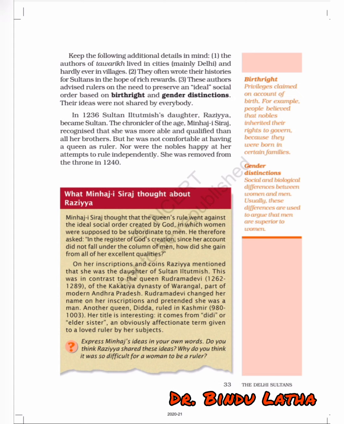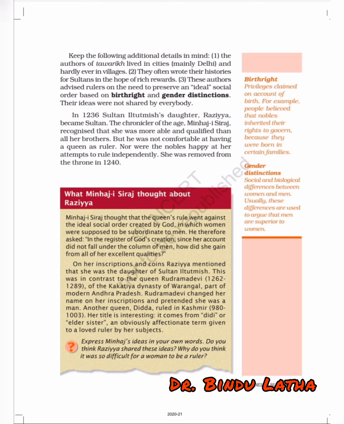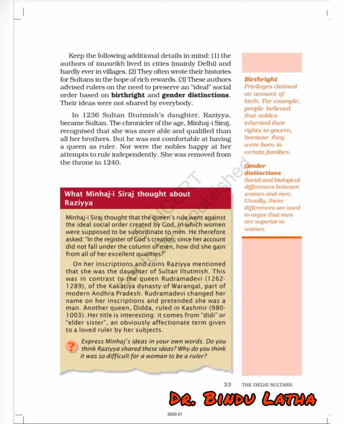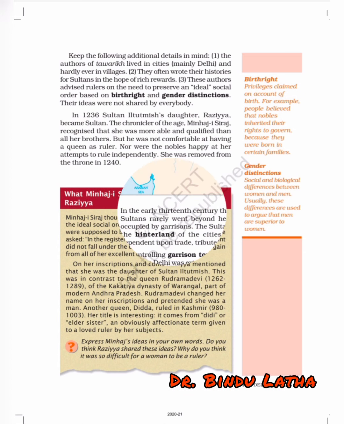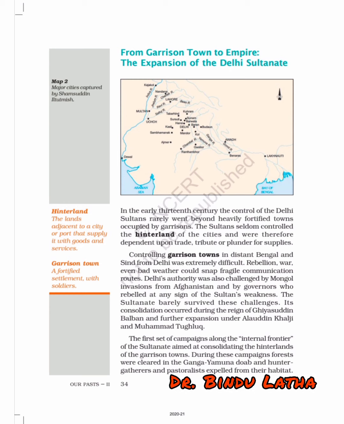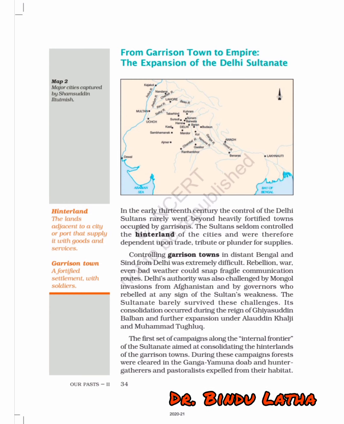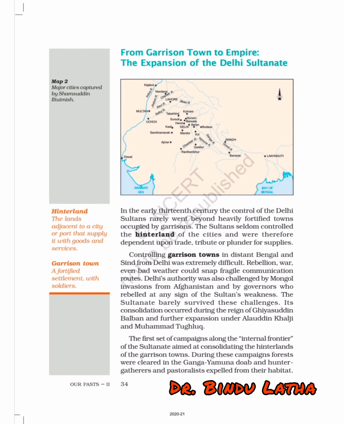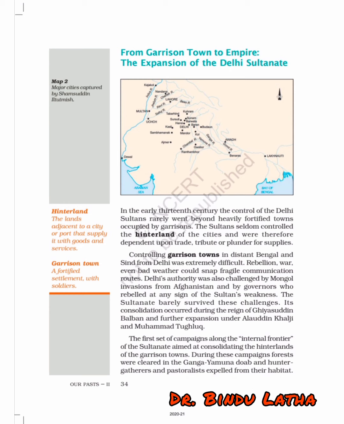During this time, the Sultans faced many challenges. Mongols, Afghans, and even the Sultans' governors tried to attack them when they felt the Sultan was weak. Therefore, the first attempt of the Sultans was making campaigns along the internal frontier.